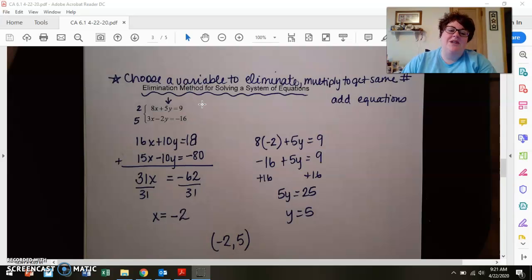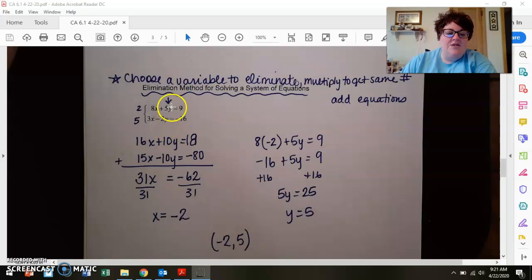So the goal here is you want to eliminate x's or y's. So you want to choose, do I want to eliminate x's, or do I want to eliminate y's? And in this case, I chose to eliminate y's because I had a plus minus combination. Because if you look down here below, you can see, if I have a positive and negative of the same, it goes away. So if you choose the one with a plus minus combination, that gives you one step ahead.